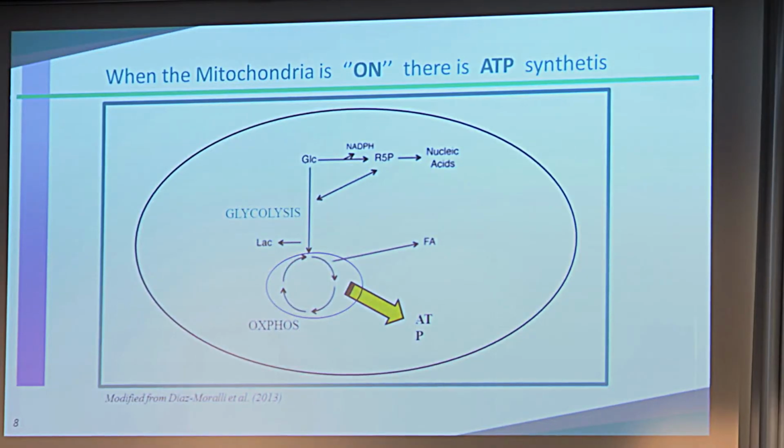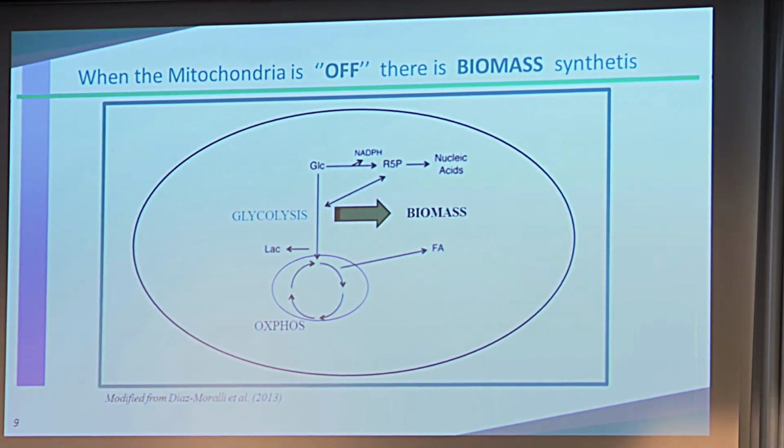So either you make ATP and you make an electromagnetic field, or when your mitochondria is off, you make biomass, you make pressure. So you have a binary alphabet: either you make electromagnetic fields or you make pressure.